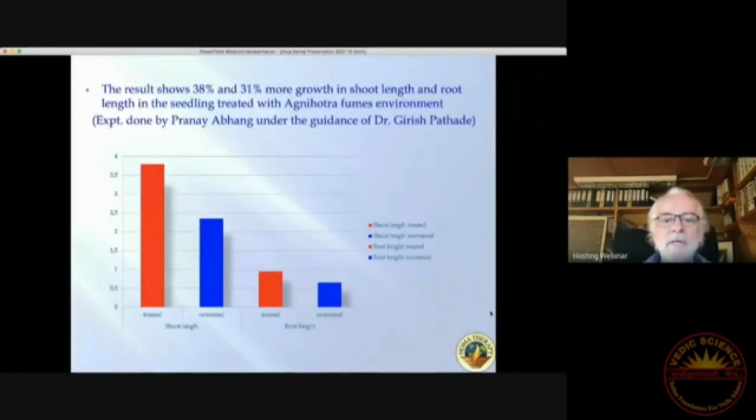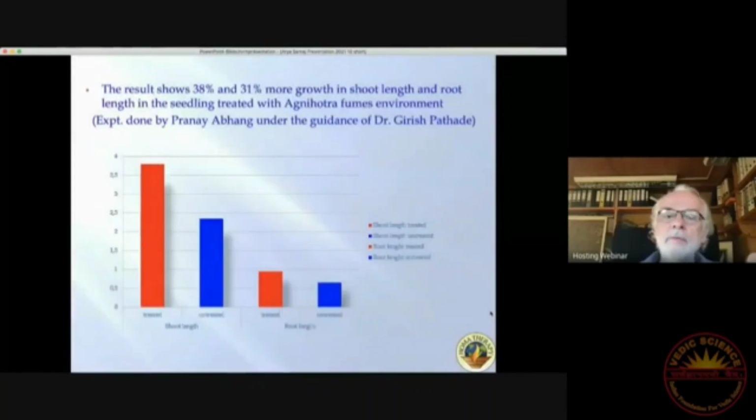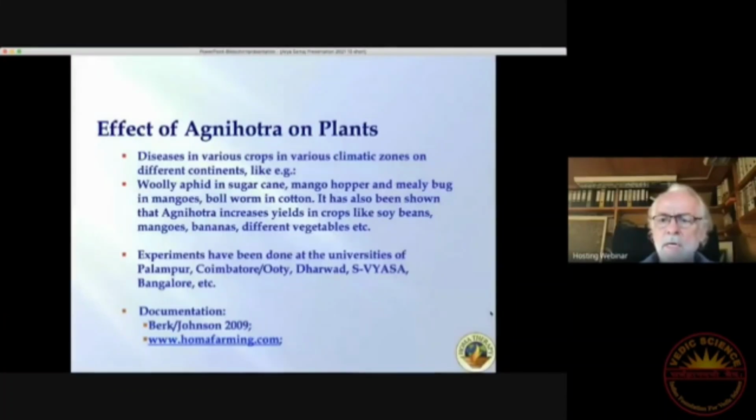And that shows the result of plants growing in Agnihotra atmosphere. So this was adding Agnihotra ash. Here it was in Agnihotra atmosphere, and you see that shoot length and root length are much higher in Agnihotra atmosphere.